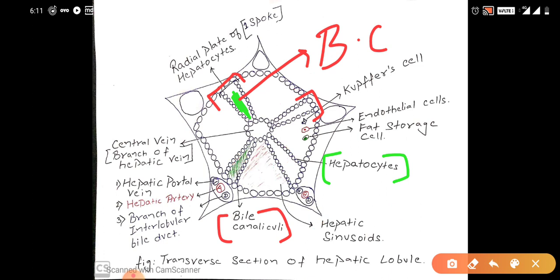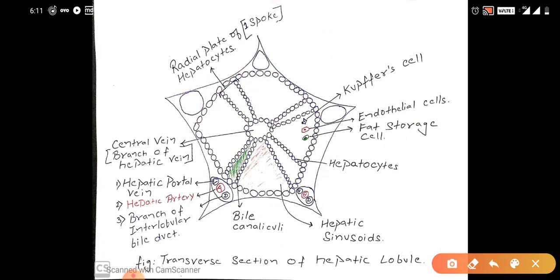Now moving towards some cells that is present in the sinusoids. So this is the sinusoids. The one type of cell, that is Kupffer cell, is present. It is phagocytic cell, also called reticuloendothelial cell. The another type of cell, that is endothelial cell, is present in hepatic sinusoids. Fat storage cell is also present in hepatic sinusoids.